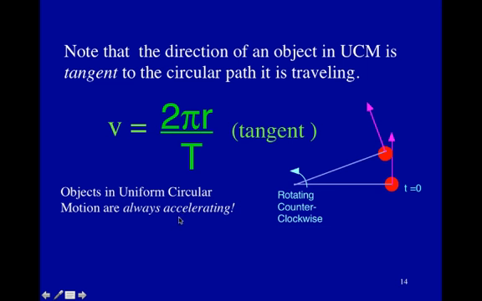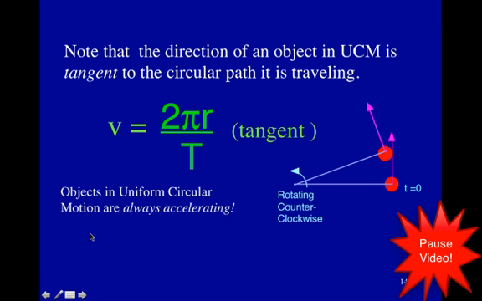And we also noted, since the direction is always changing, and acceleration is the rate of change of velocity, an object in uniform circular motion is always accelerating. So pause and do a summary notation of this, and then we'll hear or see Scratch's parting thought.